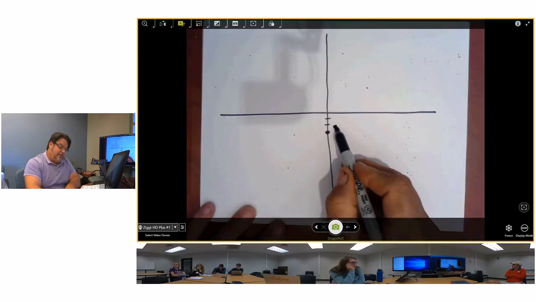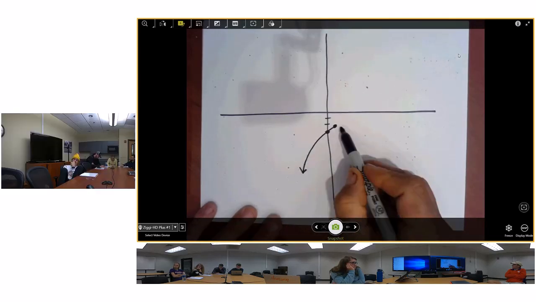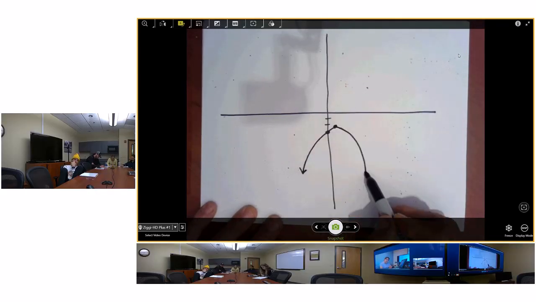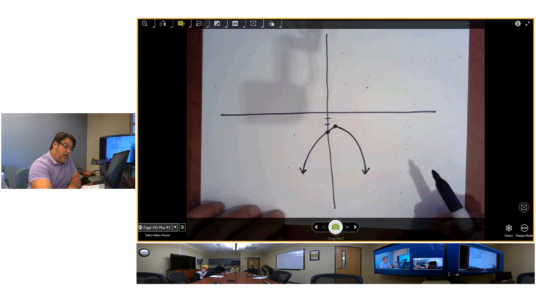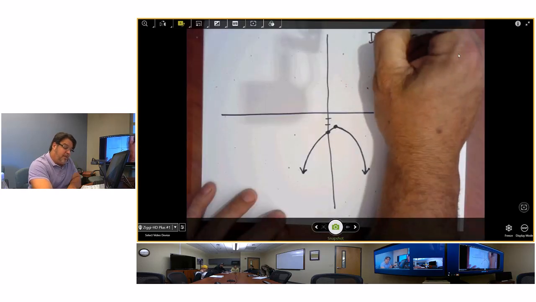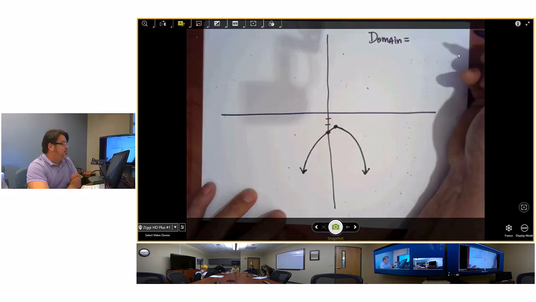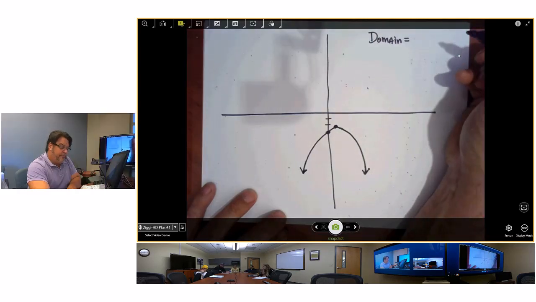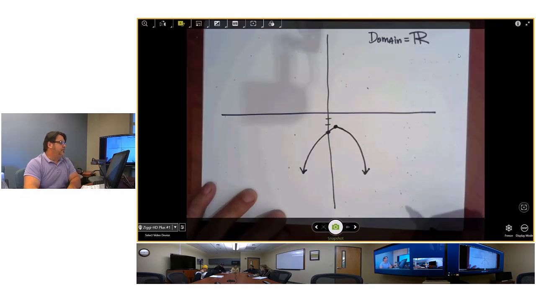Now, why does this look so wide? Just stretch horizontally because it's a fraction. Because of the 1/3. The 1/3 is a fraction between 0 and 1. Now, domain. Domain, unless instructed by the instructor or the directions on a quadratic, will always be all real numbers, because you can plug anything into a quadratic.